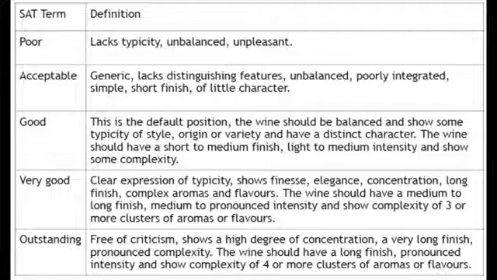I'm putting up the definition of the qualities on the screen now, and I hope you can see clearly the description of very good fits this particular wine. It is elegant, isn't it? It is showing some concentration, it has a long finish, and it is showing some complexity. So we can say that this is a very good wine as a result.